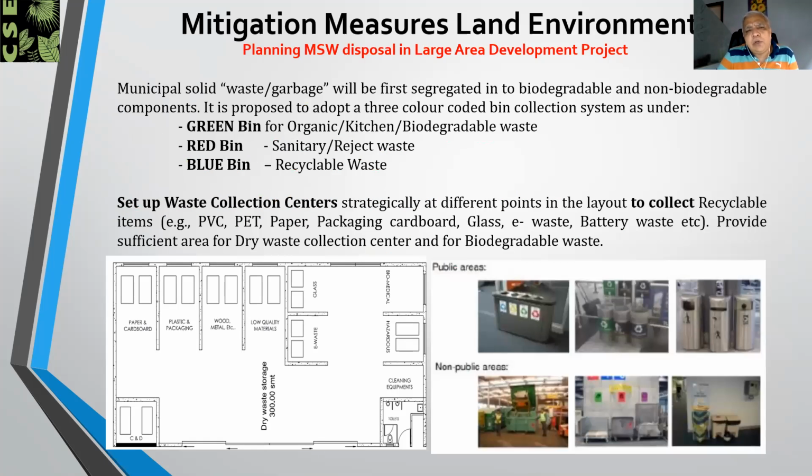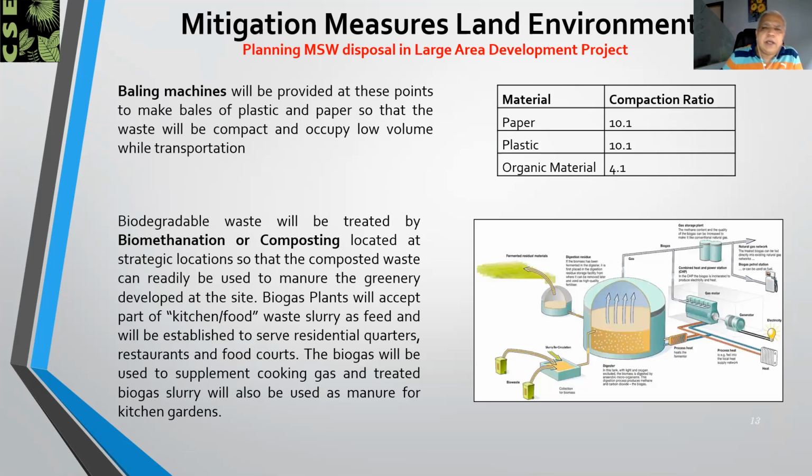Now, looking at all this, I feel very strongly that we should enforce a system of segregation of waste in all the large area development projects, which should be very strictly monitored, and there should be an area where the waste gets sorted into dry waste and wet waste.